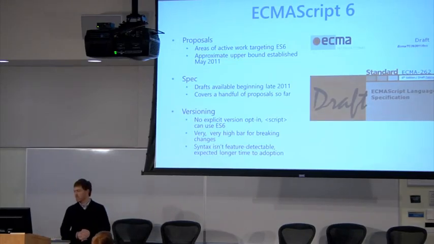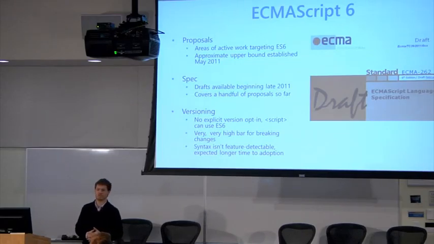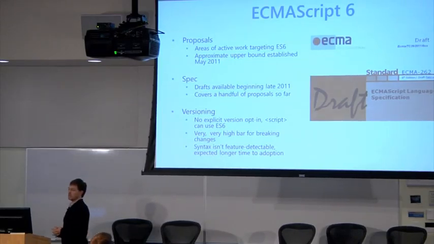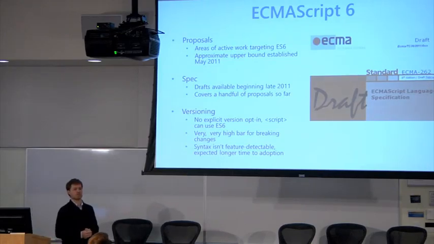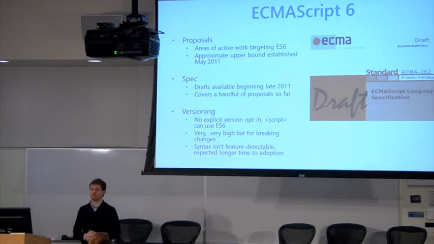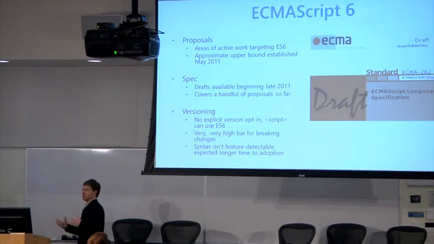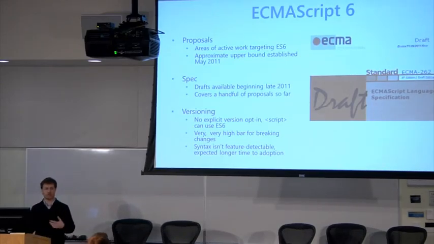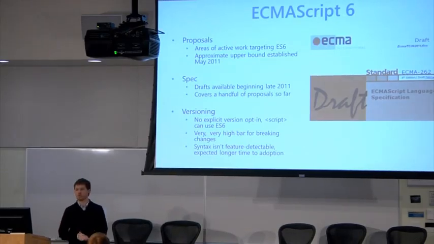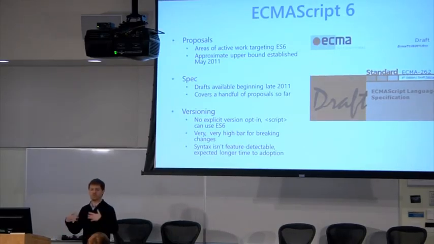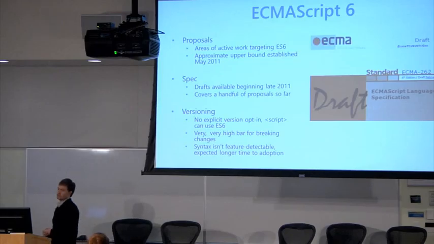A key milestone in the ECMAScript 6 development process was reached last May, where the committee agreed on an approximate upper bound for the set of proposals that were going to be under discussion going forward. Previously there'd been a lot of broad discussion, a lot of new ideas being brought in. There's now a list of proposals that are on track to be part of ES6.